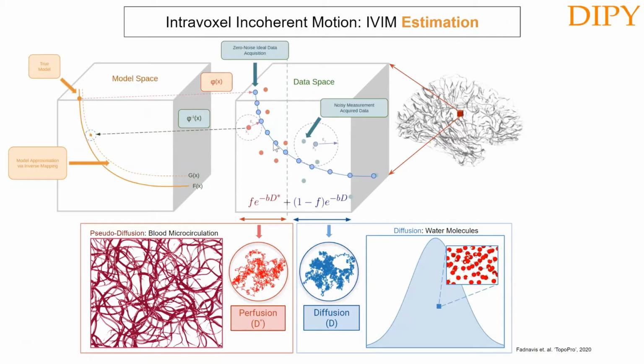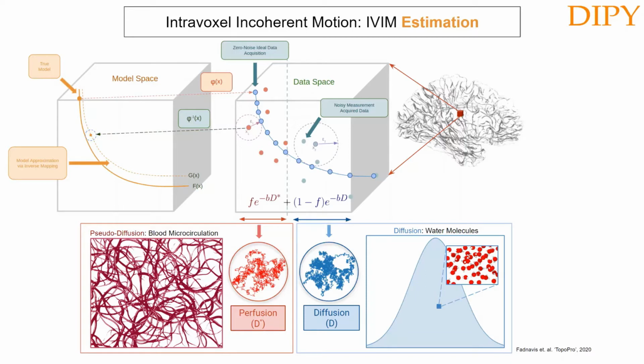So let's say this is the ADC curve that I showed on the previous slide, where we are trying to model the exponential decay. In a standard diffusion acquisition, we have a set of b-values that are generally on one shell, like 1000, or in a multi-shell it has 1000, 2000, 3000, and so on. But for IVIM, we require a lot of small b-values, generally on the scale of less than 1,000.